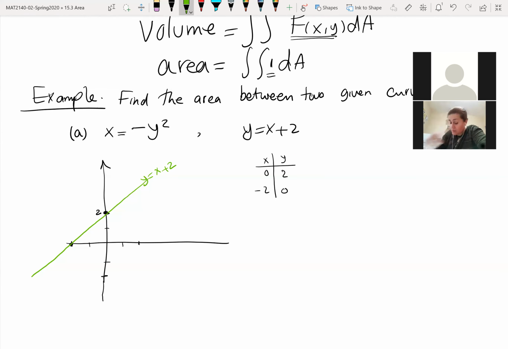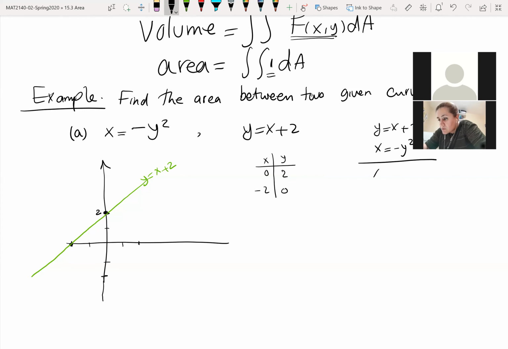Before making the other graph, it's better to get your intersection, because that gives you the idea of where you need to go. x equals negative y squared.